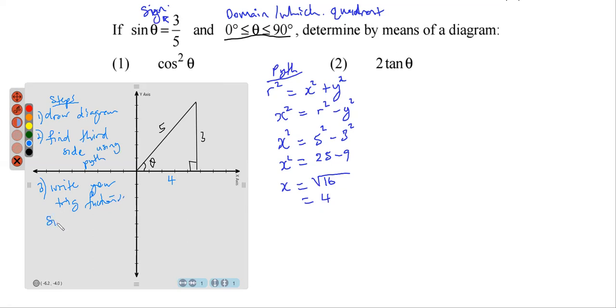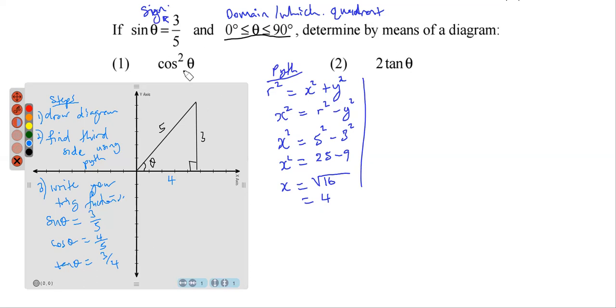Sine theta, already we are given, which is 3/5. What about cos theta? Cos theta is adjacent over hypotenuse, which is going to be 4/5. What about tan theta? Tan theta is opposite over adjacent, which is going to be 3/4. So now you have everything that you need, so you can come and actually answer the questions.